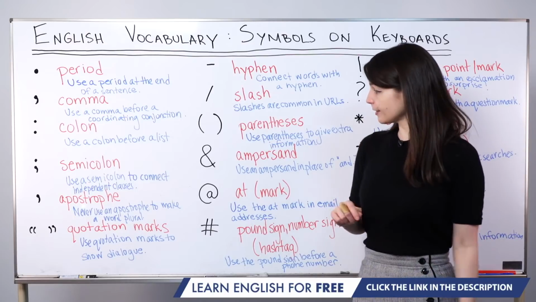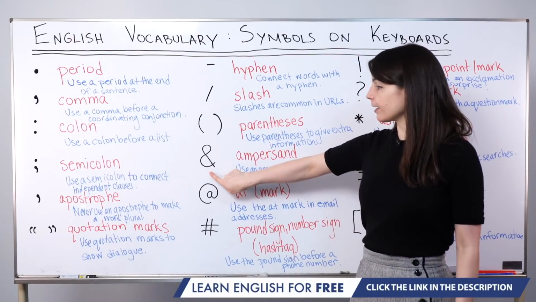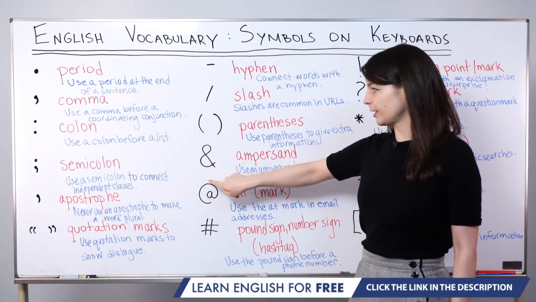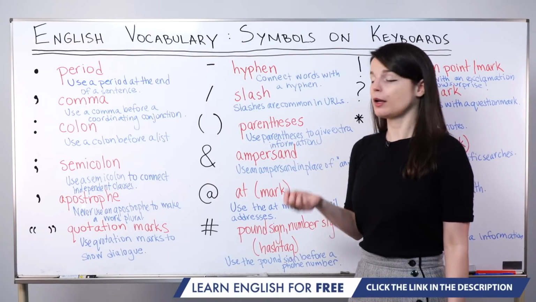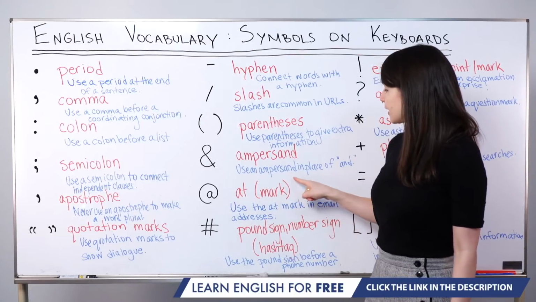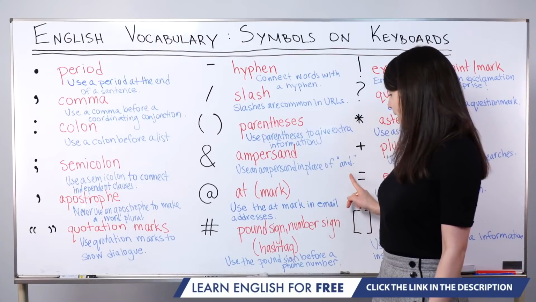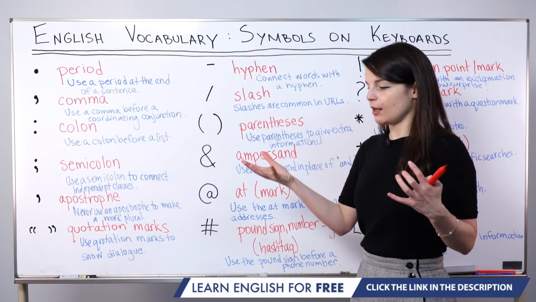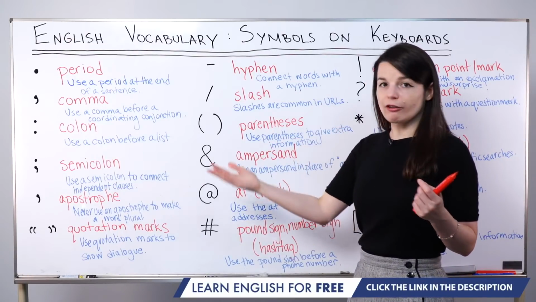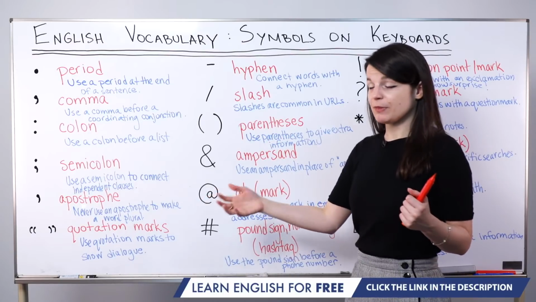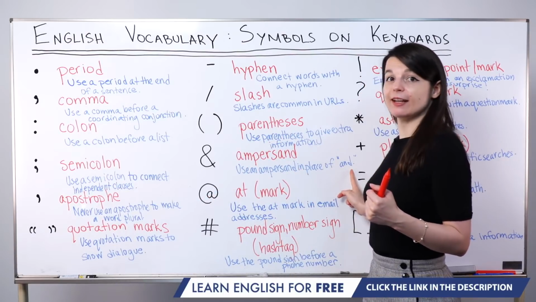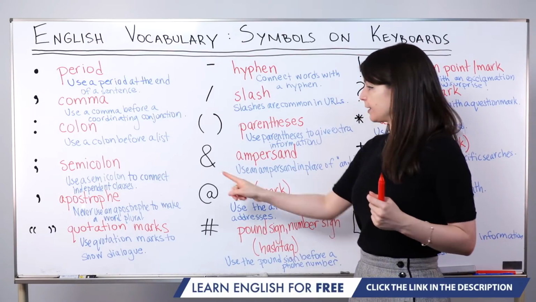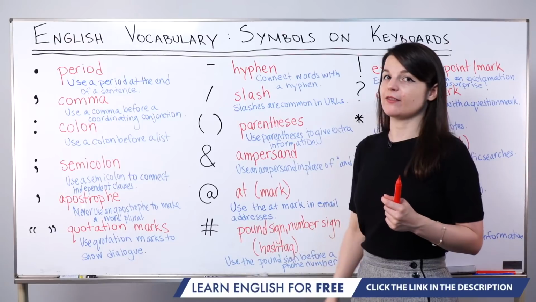Okay, let's go to the next mark. This mark is called ampersand. You might hear people call it the and mark because we use an ampersand in place of and. If you want to describe something like a law firm or an organization, and there's an and in the title, in many cases, to save space, you'll see this used in place of and.